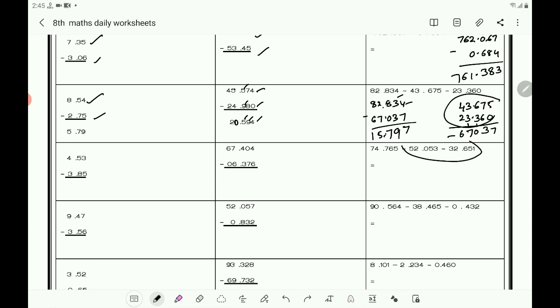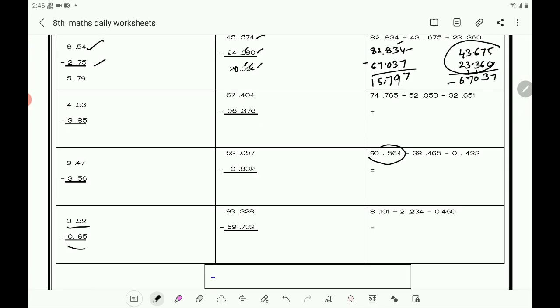After getting that sum, subtract that sum from 74.765. Then you take 9.47 minus 3.56, 52.057 minus 0.832, 90.564 minus 38.465 minus 0.432. Here you take these two one below the other and find their sum. Minus minus is there, so as they have the same sign, add them and subtract that sum from 90.564.